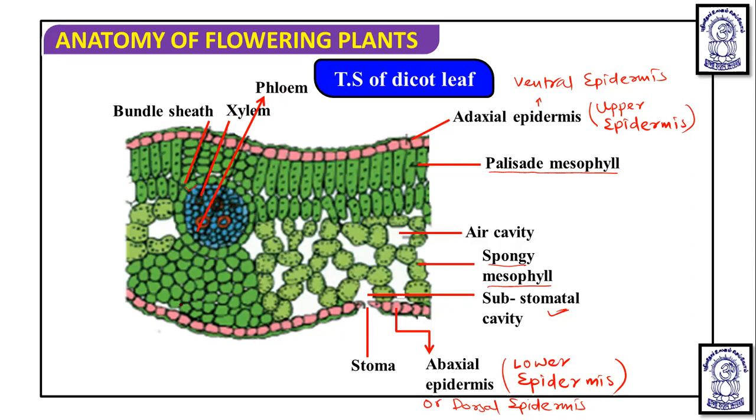Below that you will find structures known as bundle sheath extensions. So this way you can see the diagrammatic representation and all the labeling. Now we have to understand this one by one, and note some important points with respect to this dicot leaf.